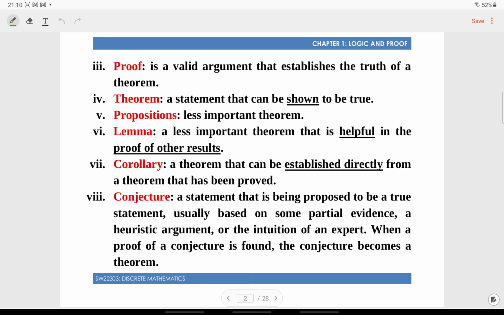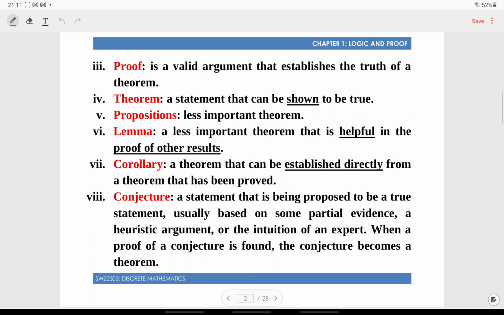The difference is that a lemma is helpful to prove another result. For example, instead of providing a lengthy proof for one theorem, we can separate that proof into several lemmas, then combine them together to come out with a single proof for that theorem.